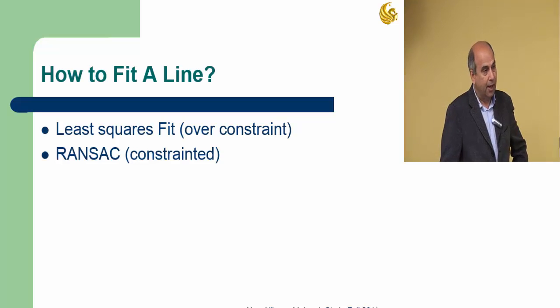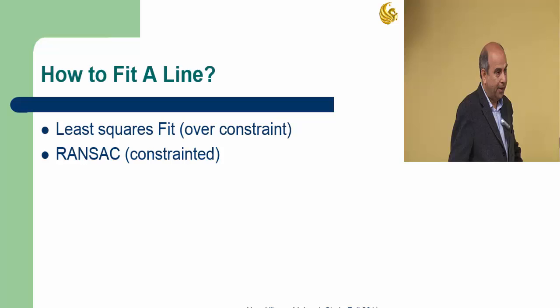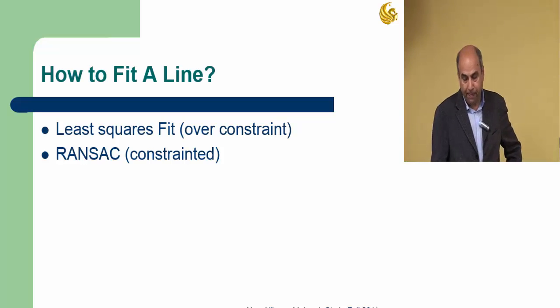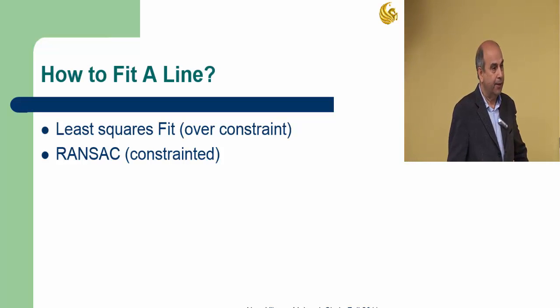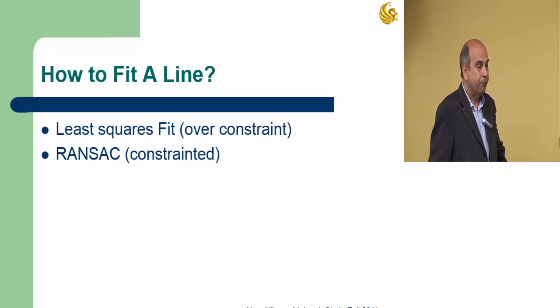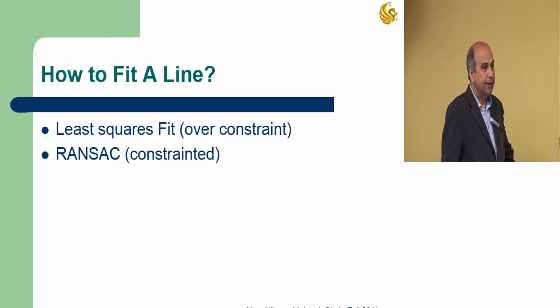The other method we talked about is called RANSAC, which stands for random sample consensus. We talked about it in the context of the fundamental matrix and a couple of other things. There the idea is that we only need the minimum number of required constraints or equations to solve the problem. For example, for the equation of a line, we have 2 unknowns, so we actually need 2 points.